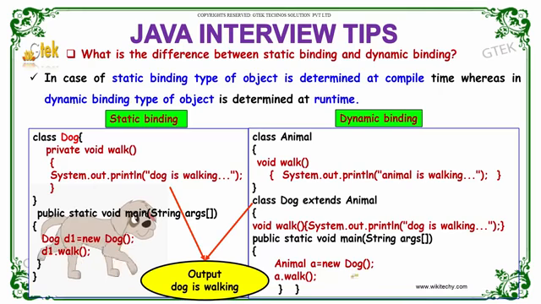So if you see, when I invoke the walk method using this object A, it will invoke the derived class method. So this is known as dynamic binding, and it happens only during the runtime. The compiler will be able to know that this method is what it has to execute.